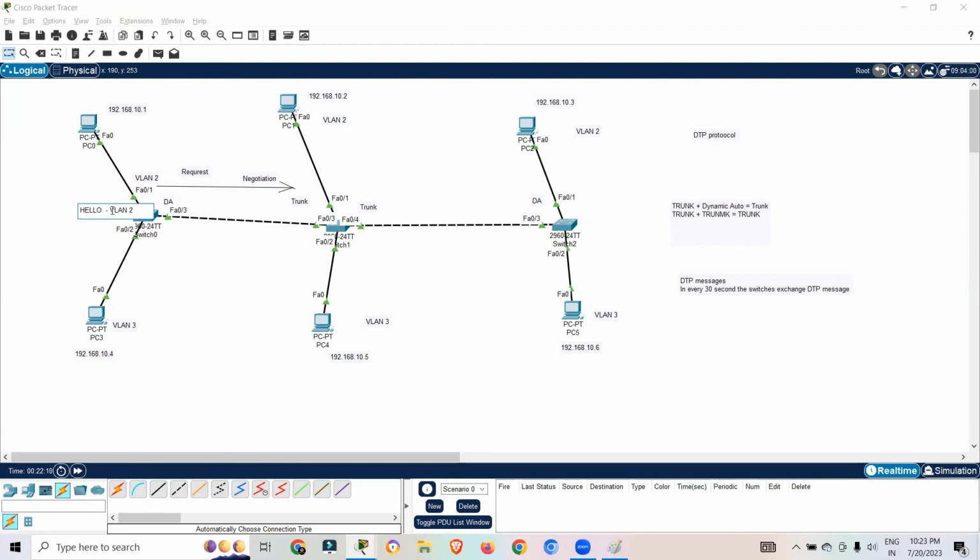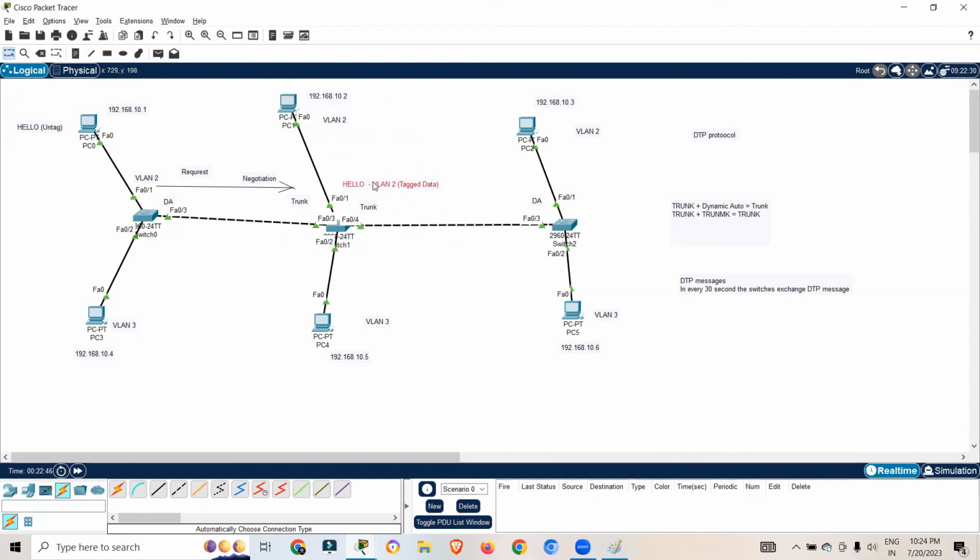VLAN 2. So the data that has the VLAN information is called tagged data, and the message which doesn't have the VLAN information is called untagged data, because the VLAN information is added by the switch. Then this message will be forwarded to the next switch, and that switch will forward it to the destination.